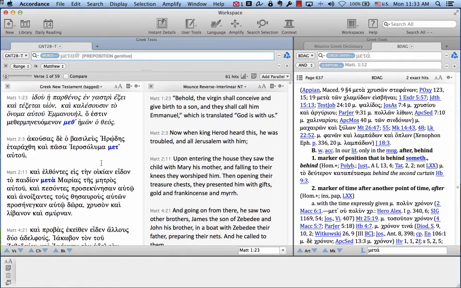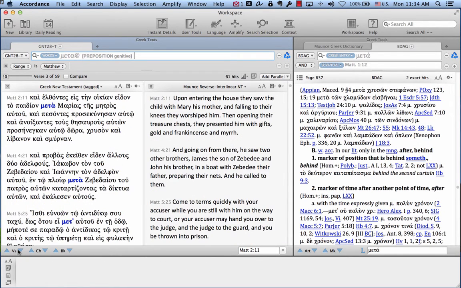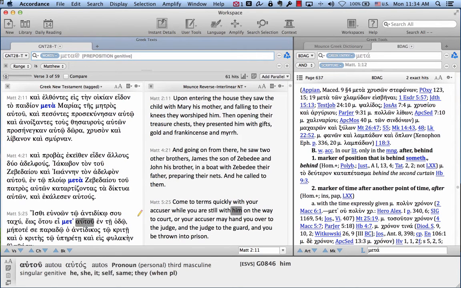And now these are all where meta is followed by an object in the genitive. And so these are all examples of meaning with. So they saw the child with Mary, all right? And you go into the boat with Zebedee. And while you were still with him on the way. Okay, so these are all meta with objects in the genitive.